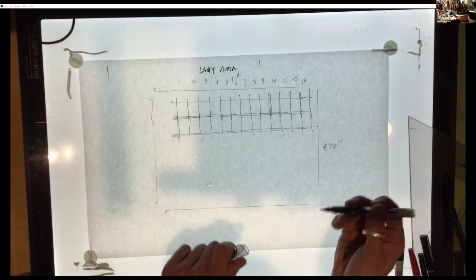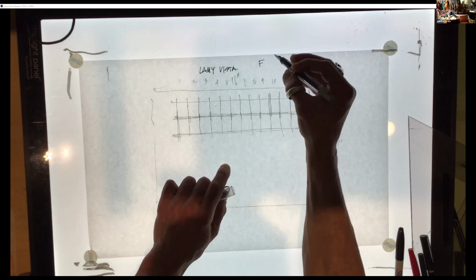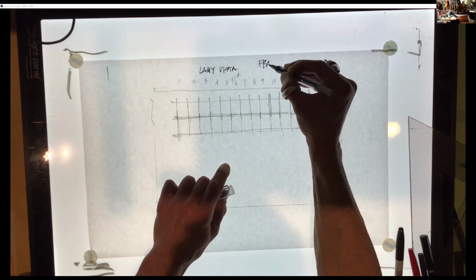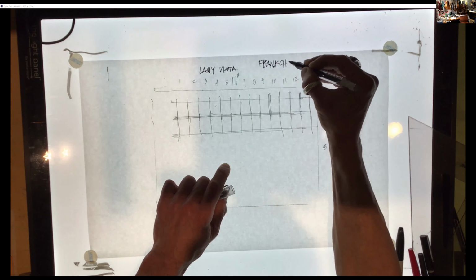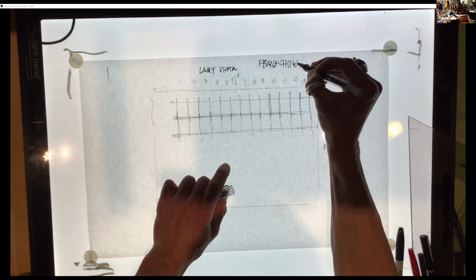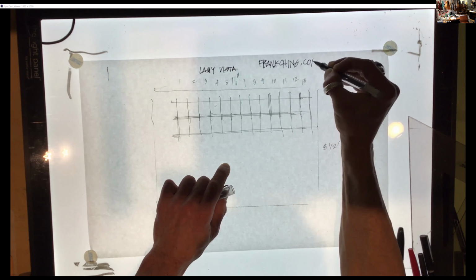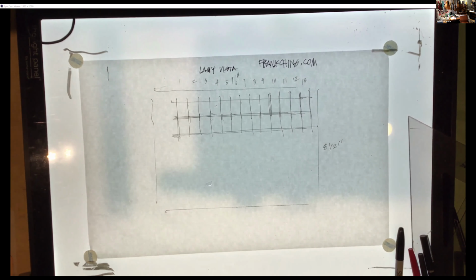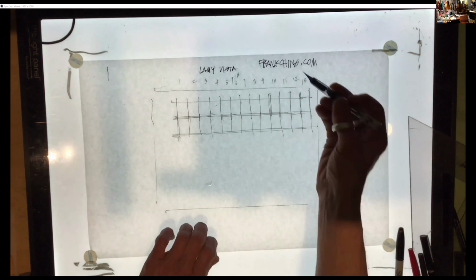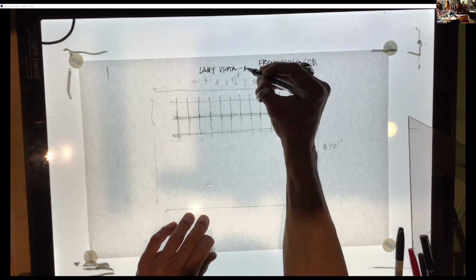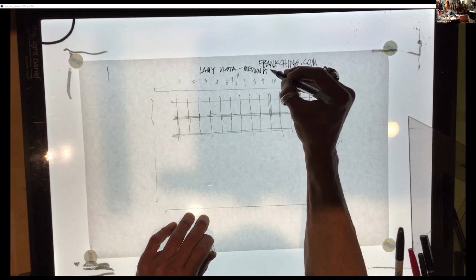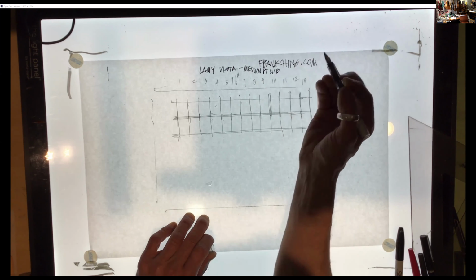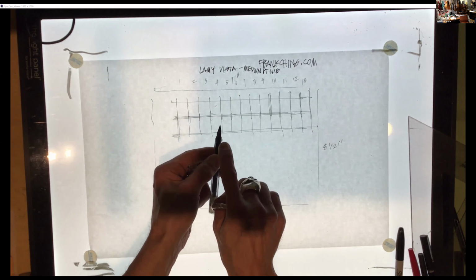When you have time, go to a site called FrankChing.com. Lamy Vista medium point nib. The nib is that part of the pen.